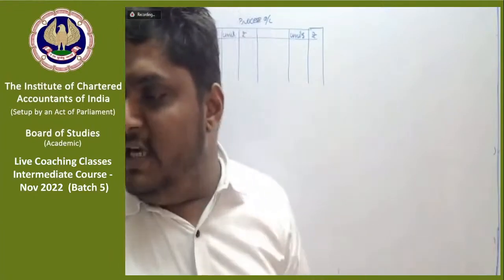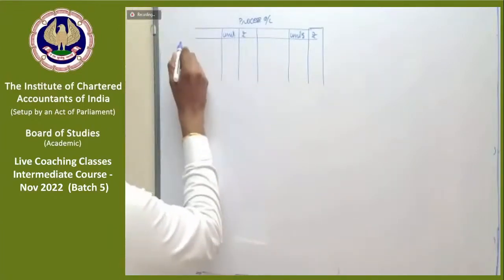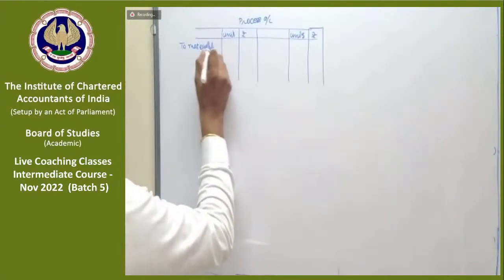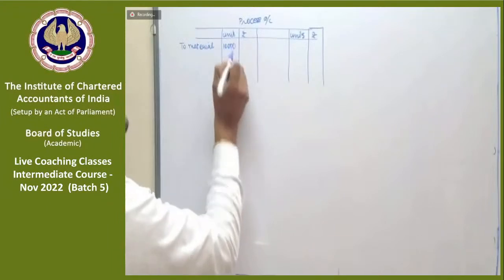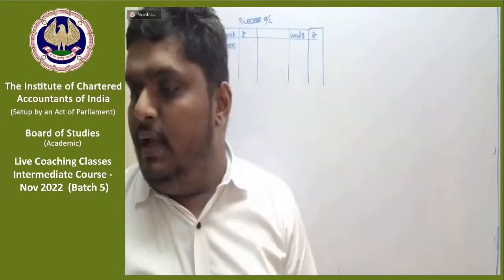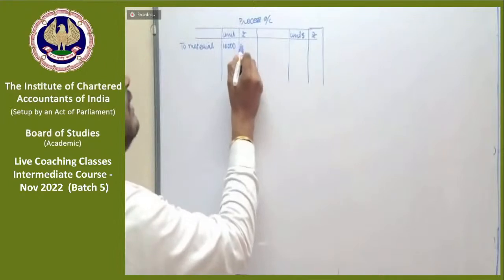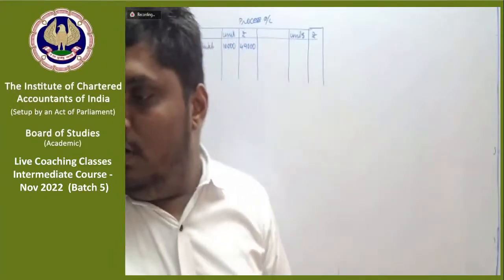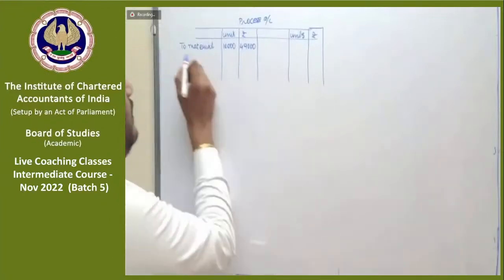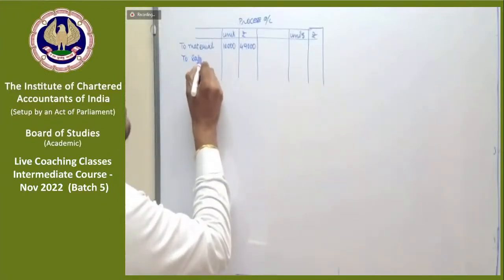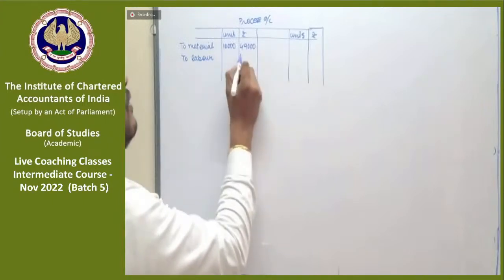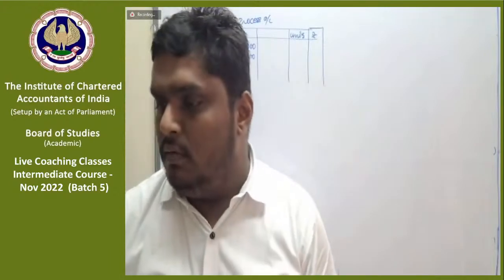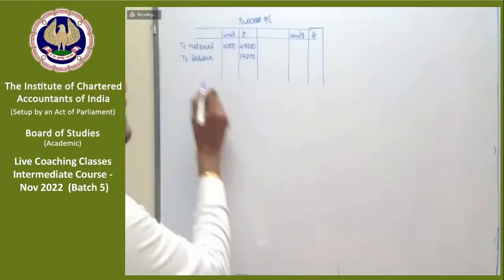So the input made is 10,000 units, so to material, 10,000 units, and the cost is 49,000. Labor is 19,200, so to labor. Overheads are 28,800, so to overheads.